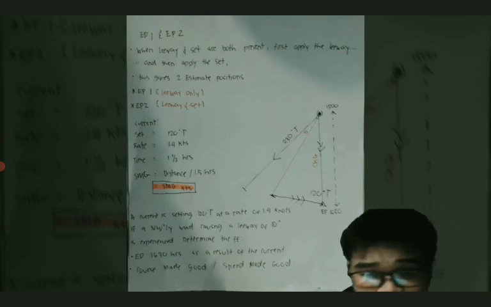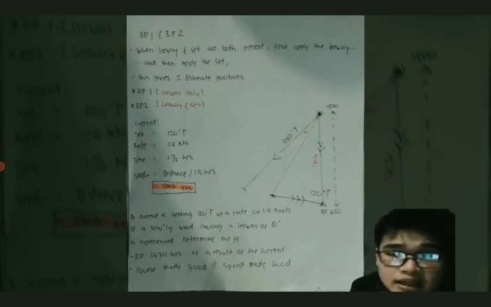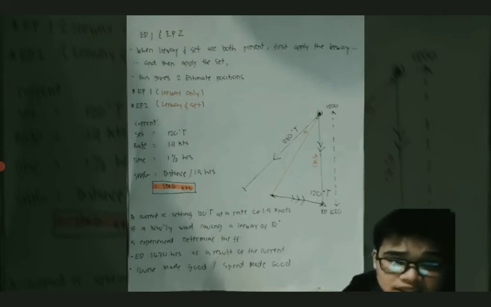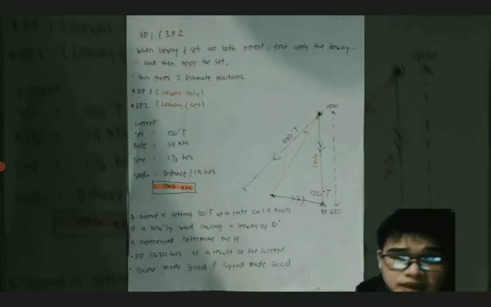So we will just draw a line after, below, beside the 1500 hours, and that will be our leeway, and then we will take into account the current.